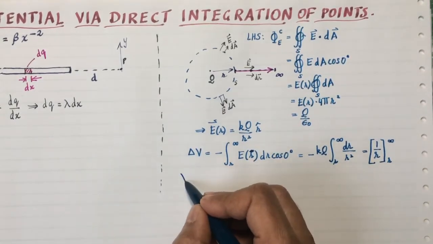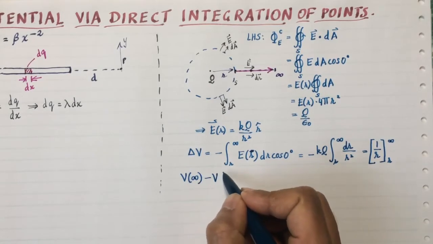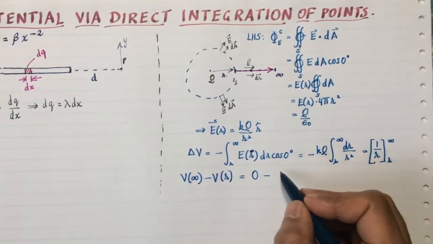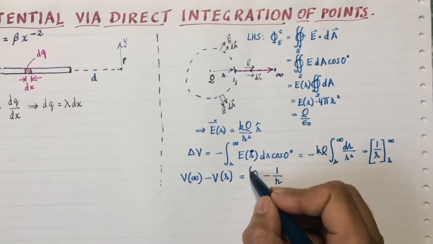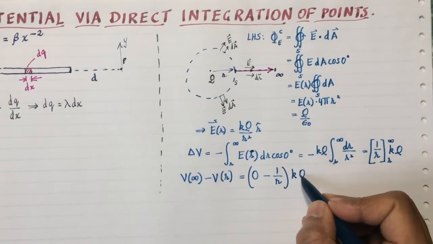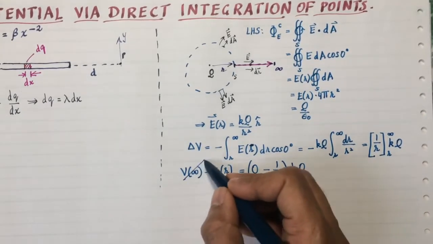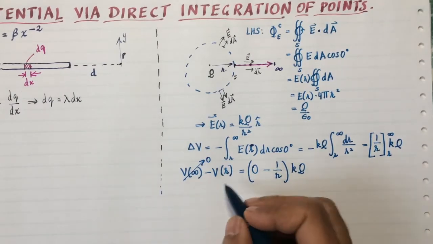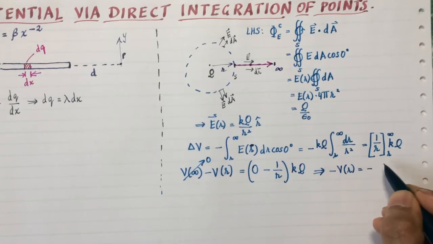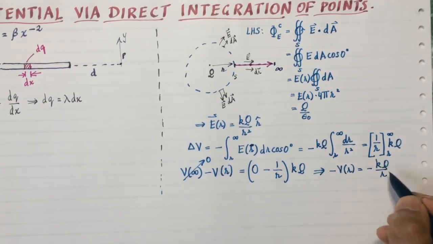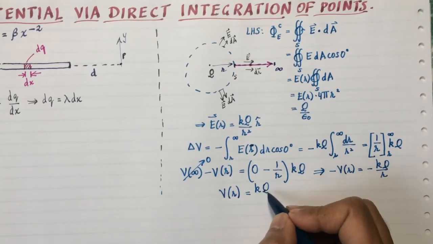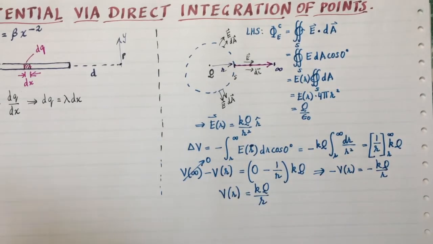On the left side, this is V at infinity minus V of r, and all that's equal to 1 over infinity, which is 0, minus 1 over r, times kq. I forgot the kq here. It's still there. V of infinity is 0 by convention, so that gives me negative V of r equals negative kq over r, and cancelling out the negative signs, I get the very famous expression for the potential due to a point charge.